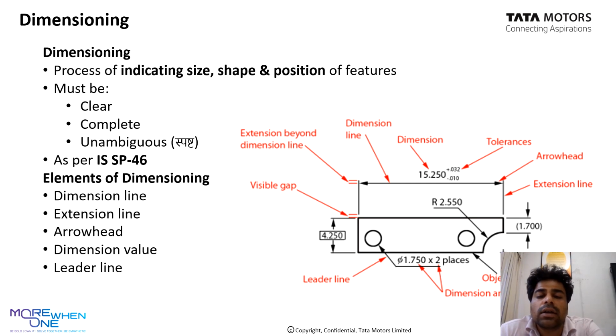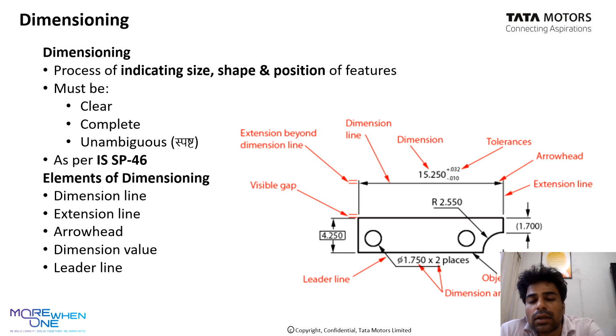This is the leader line. Basically, this leader line will show the dimension of that object. Let's say there is a small circular hole or a cut inside that metal sheet. To show the diameter of that particular circle, we use the leader line that will point towards that particular part of the object.